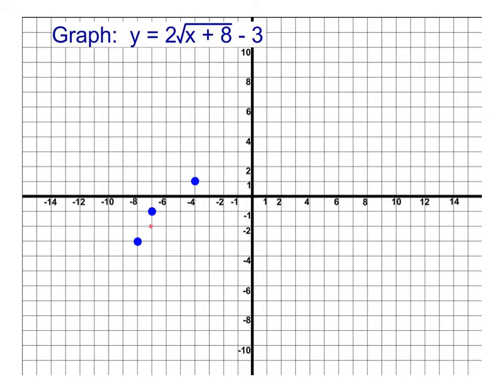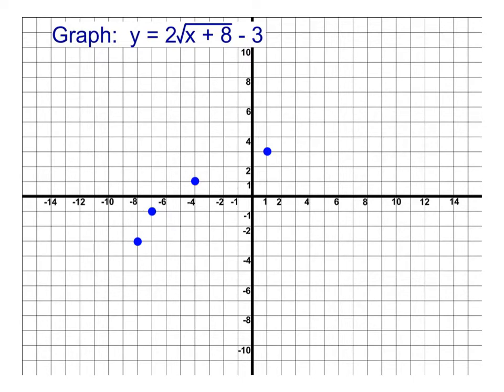So I've done my over 1. I've done the over 4. How far over do I go next? It's over 9 next, because that's the next number I can actually take the square root of. I don't know square roots in between there. They're all decimals. So normally it would be over 9 and up 3. In this case, though, it's going to be over 9 and up how far? 6. Because the normal up 3 gets multiplied by 2, so that's how we get the 6.